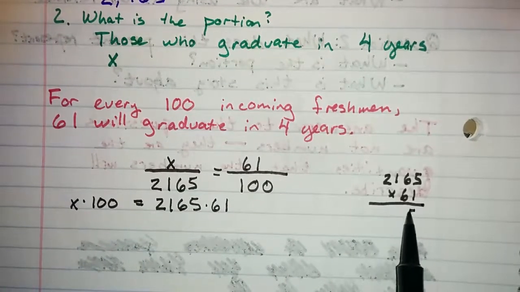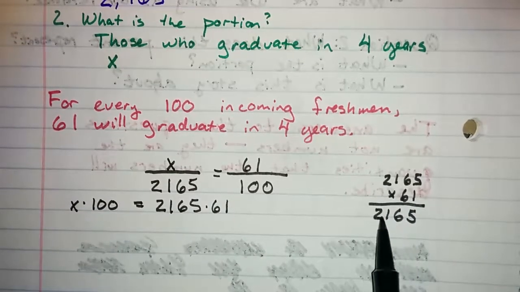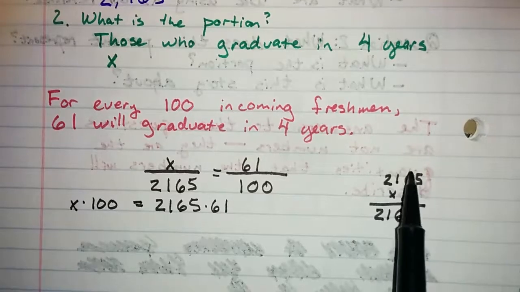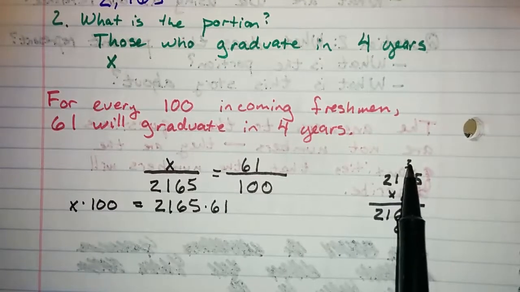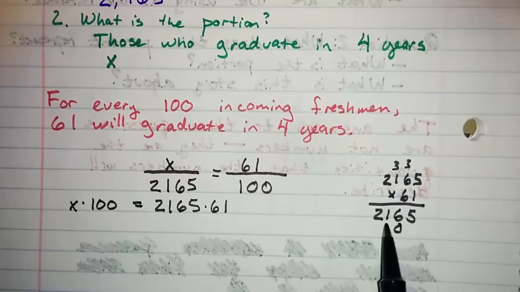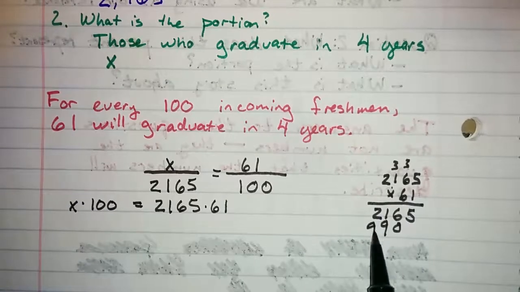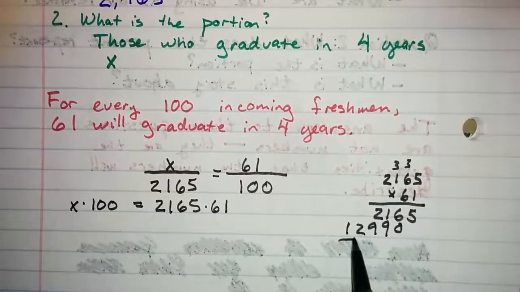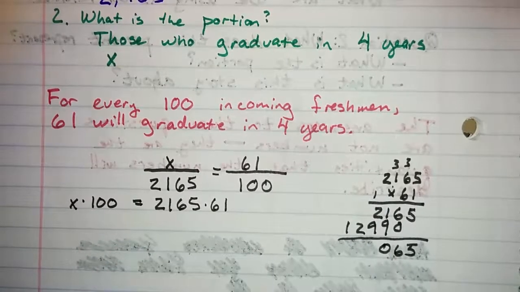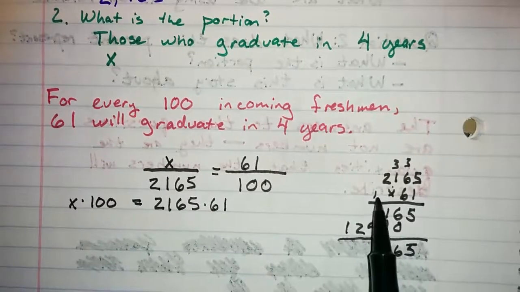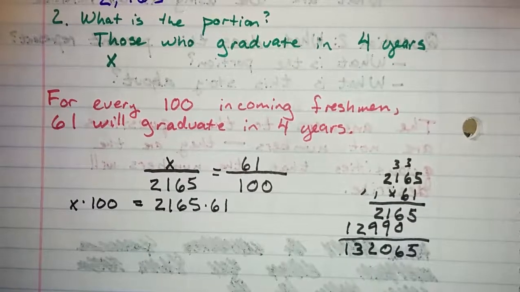1 times 5 is 5. 1 times 6 is 6. 1, 2. That one was easy. 6 times 5 is 30. 36, 37, 38, 39. 6, 7, 8, 9. 12. 5, 6, 10, 12, 3, 1.